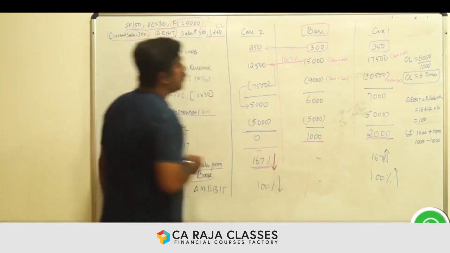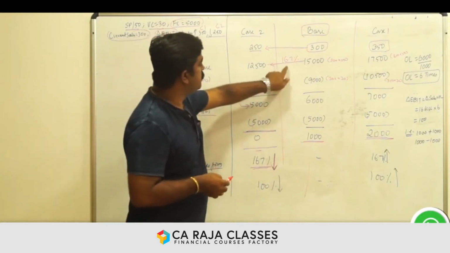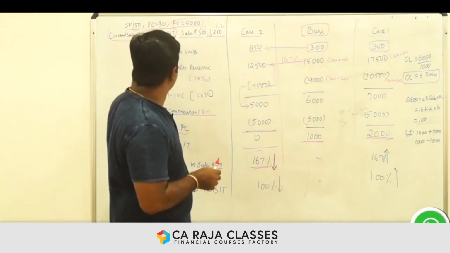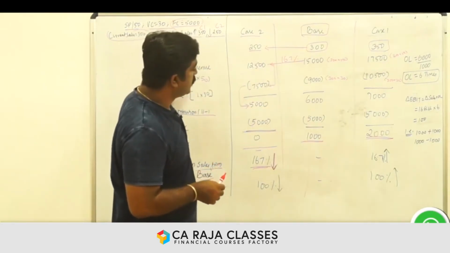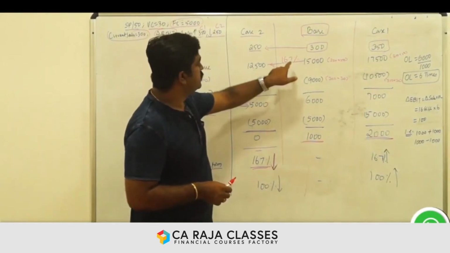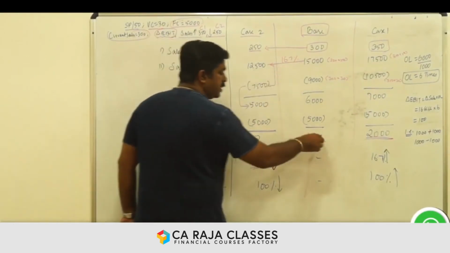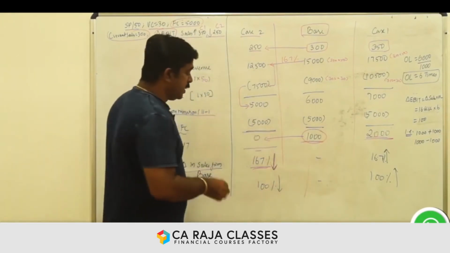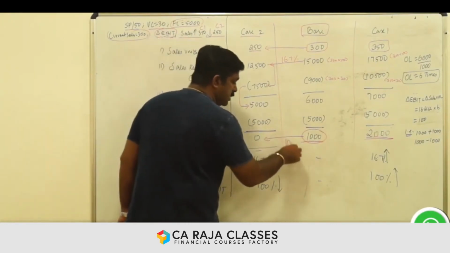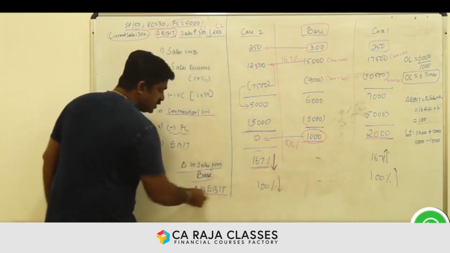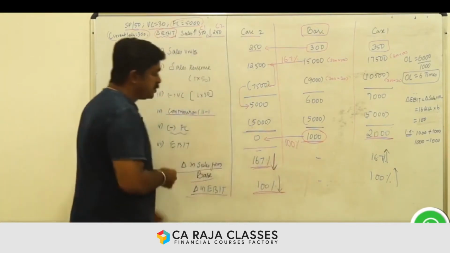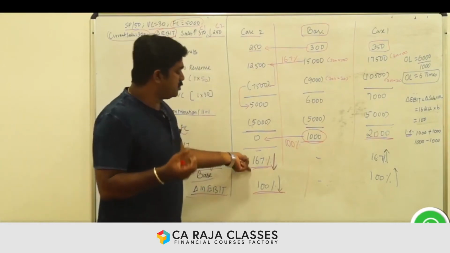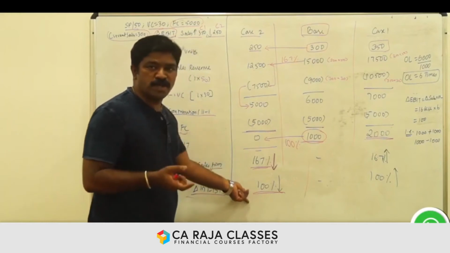But when there is a 16.7% drop in sales, what is happening to the EBIT? That's what we are concerned about, because the question also wants us to find out the change in EBIT. When there is a 16.7% change in sales, EBIT has shifted from 1,000 to 0. It means it is a 100% fall. There is a change in EBIT downwards, 100%, for 16.7% fall in sales. For a very marginal drop in sales, there is a significant drop in EBIT.